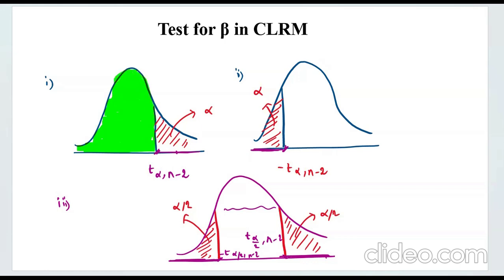Acceptance and rejection are in terms of the null hypothesis, basically. And here, this side is the acceptance region. This side is the acceptance region. And here, this middle portion is the acceptance region.